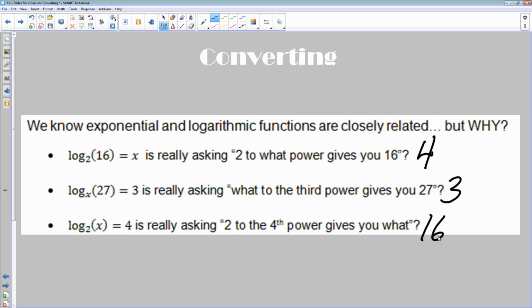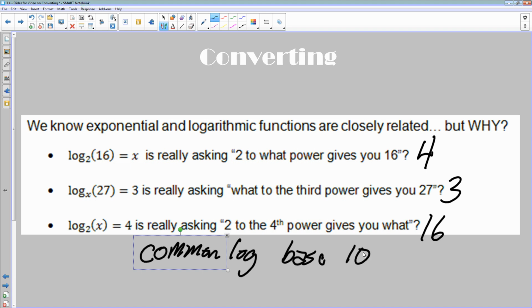If you remember from last class about graphing, a common log has base 10. So if you just see the word log with no number in this spot, we assume it's base 10. And your natural log, or ln, is base e.